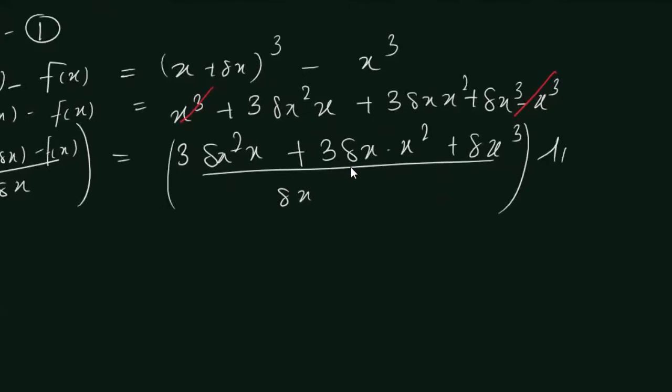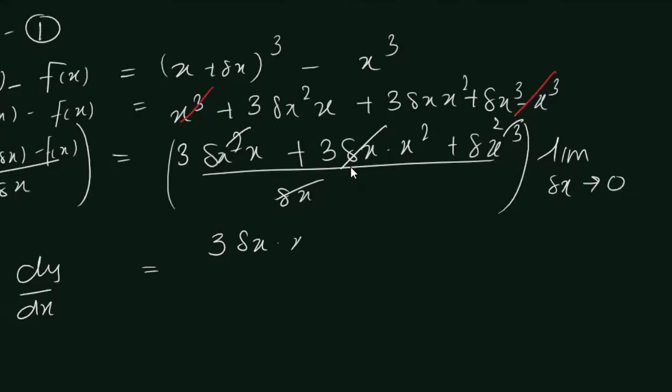Since I do not have space on that side, I'll apply this side. So what remains is dy over dx is equal to 3Δx into x plus 3x squared plus Δx squared.